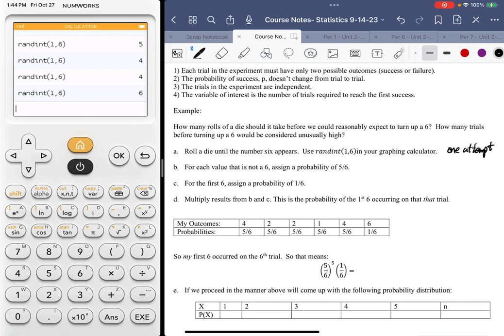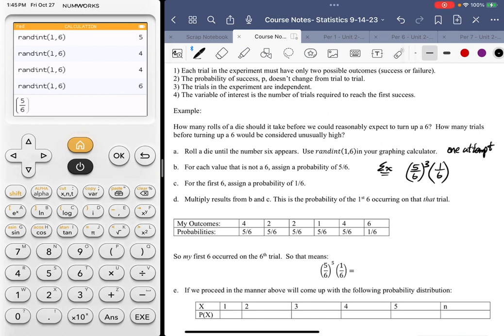So for any value that's not a 6, we assign a probability of 5 over 6. For the first 6, we assign a probability of 1 over 6. For example, in this case I had 1, 2, 3 trials before I got to the desired outcome. So 5 out of 6 is the probability I would get something other than a 6. That happened 3 times. I would then multiply that by 1 over 6. If I want a decimal value or fraction value, it really doesn't matter what you're going for.